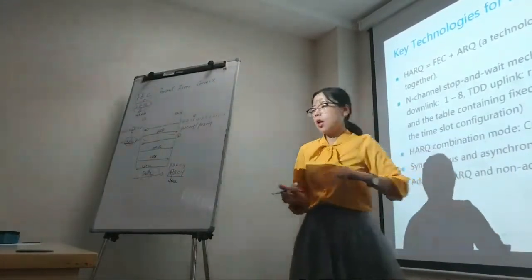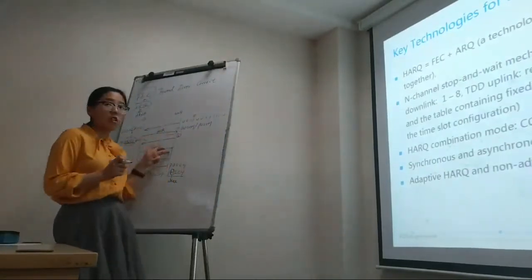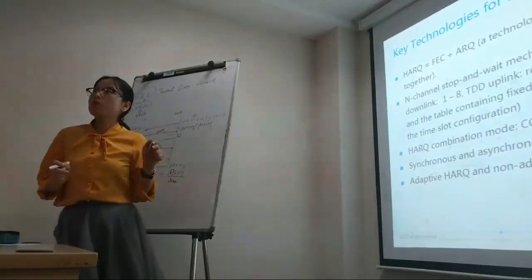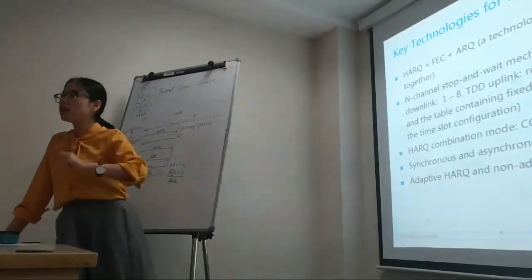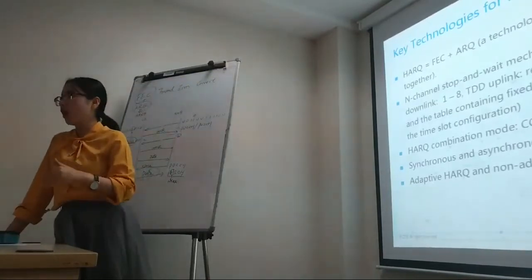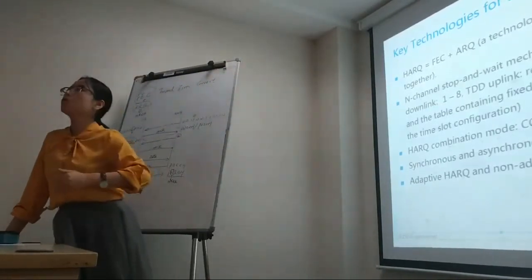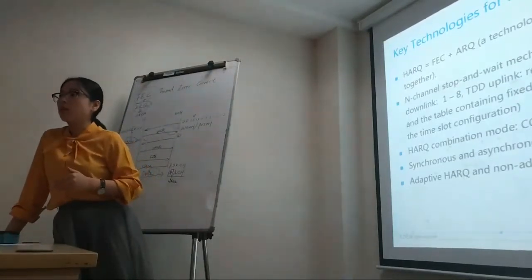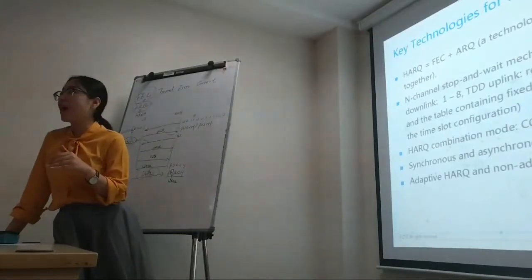Adaptive is that because the first time I transmit the data, you received it with failure. That means maybe the channel quality is not very good. I should slow down the bit rate. So how to slow down the bit rate? You can change the MCS level.